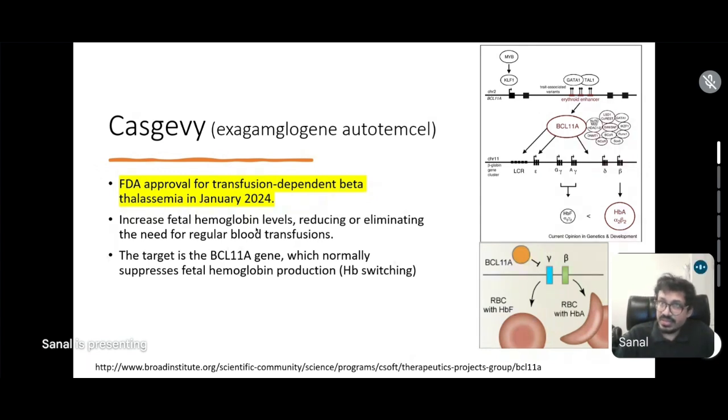This is achieved through a protein called BCL11A, which is an erythroid enhancer. BCL11A actually suppresses the production of fetal hemoglobin when somebody becomes an adult. So what they have done is that they found a clever way to target the BCL11A gene, which normally suppresses the fetal hemoglobin.